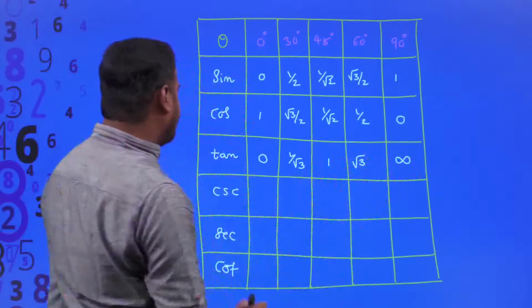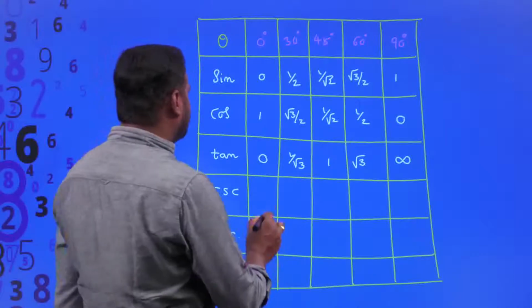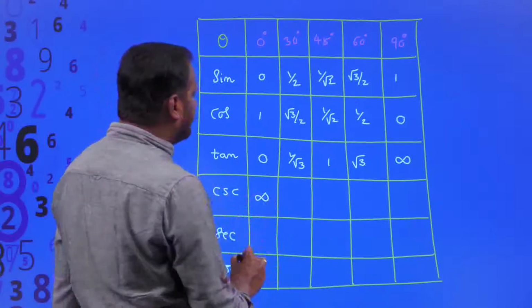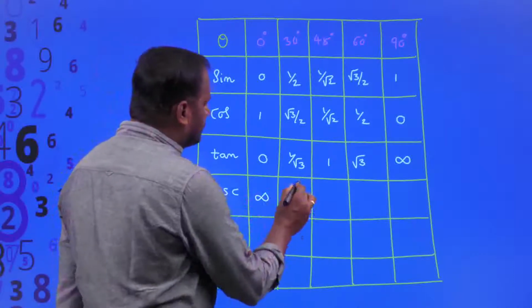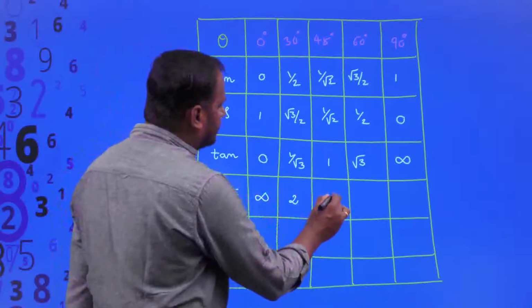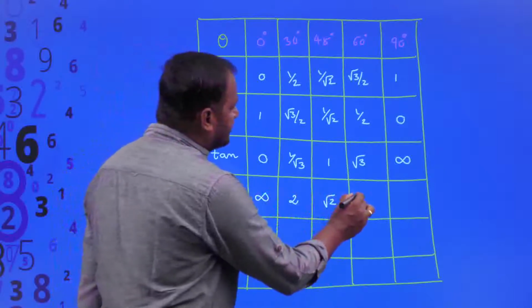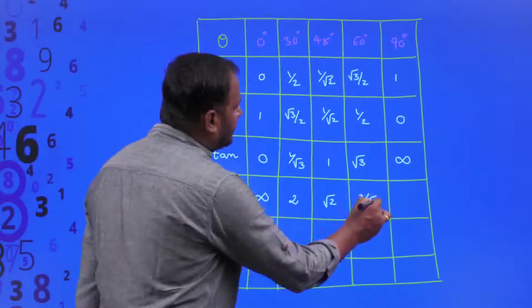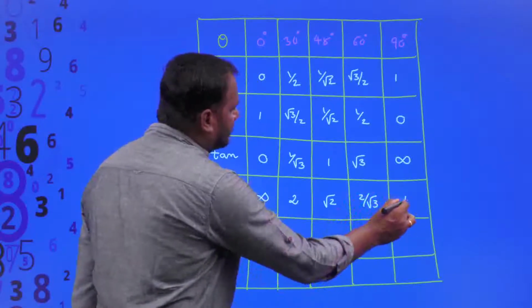Correct? And coming to cosecant, cosecant 0 is equal to undefined, and cosecant 30 is equal to 2, cosecant 45 is equal to root 2, cosecant 60 is equal to 2 divided by root 3, and cosecant 90 is equal to 1.